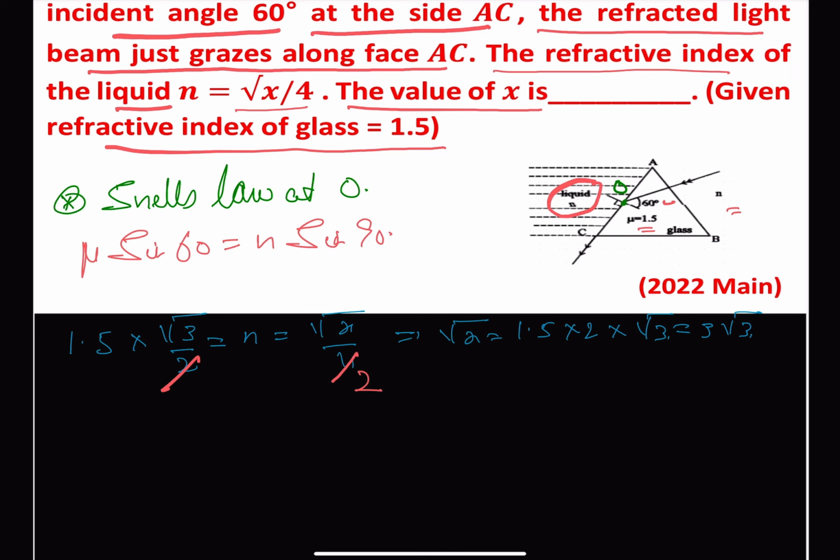So the value of x will be equal to, we can just square both sides, this comes as 27. So the value of x is 27. Next question.